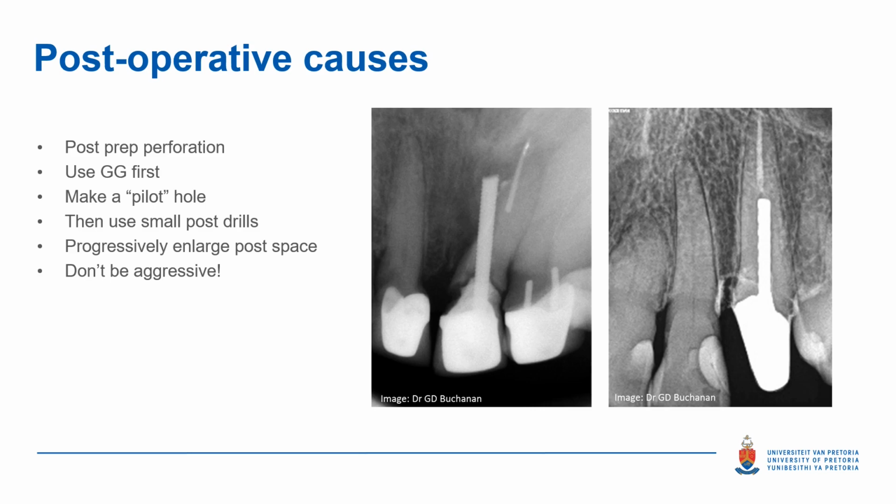If you want to try and avoid procedures like this, I like to use a Gates Glidden first, a relatively small Gates Glidden, a number 2 or number 3, and then I remove my GP before I start working with my post rolls. And when I do a post preparation, I start with a small post roll and I progressively enlarge it. So don't go straight for a red or a black parapost roll. Even after you've removed the GP, remove the GP first carefully, start with a small post roll, and don't be aggressive.